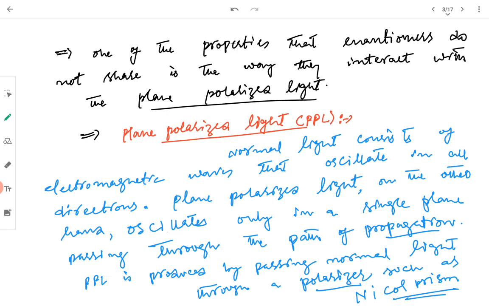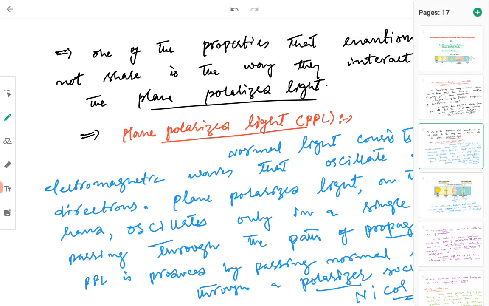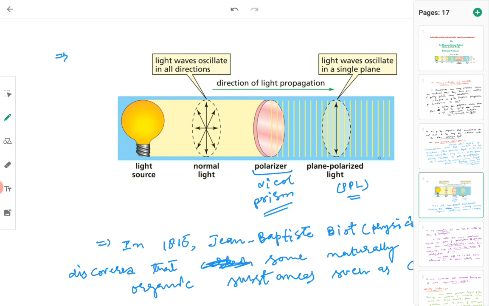This PPL is produced by passing normal light through a polarizer such as a Nicol prism. So this normal light is converted into plane polarized light. This is how you get plane polarized light.